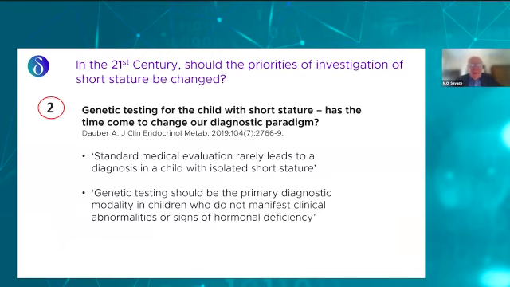Finally, what about genetic tests? Well, again, there's been a challenge to our classical approach of clinical observation, history taking, etc. And it's been said that standard medical evaluation rarely leads to a diagnosis in a child with isolated short stature, and that basically this should be replaced by genetic testing as the primary diagnostic modality in children who do not manifest clinical abnormalities or signs of hormonal deficiency.